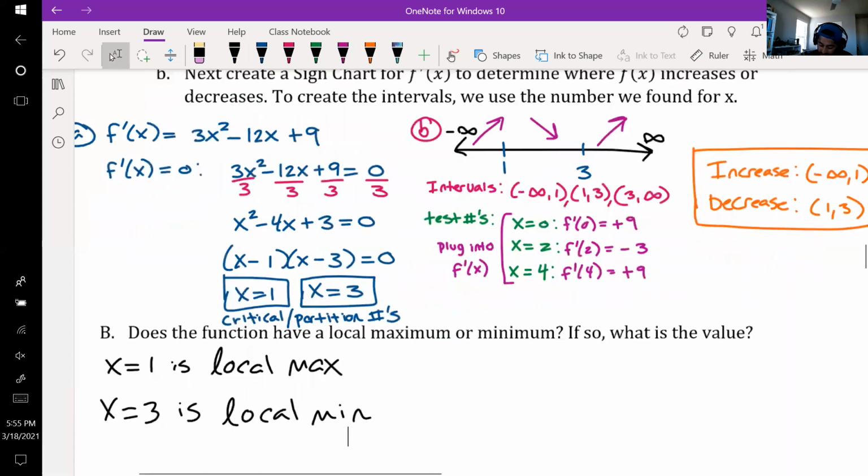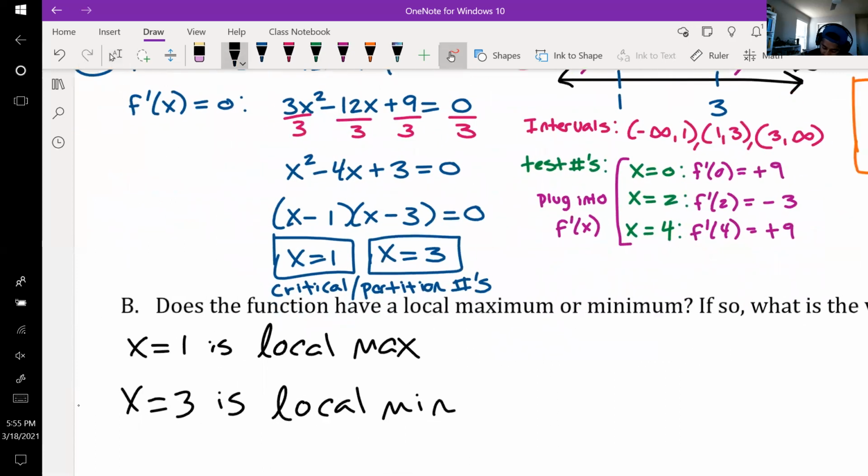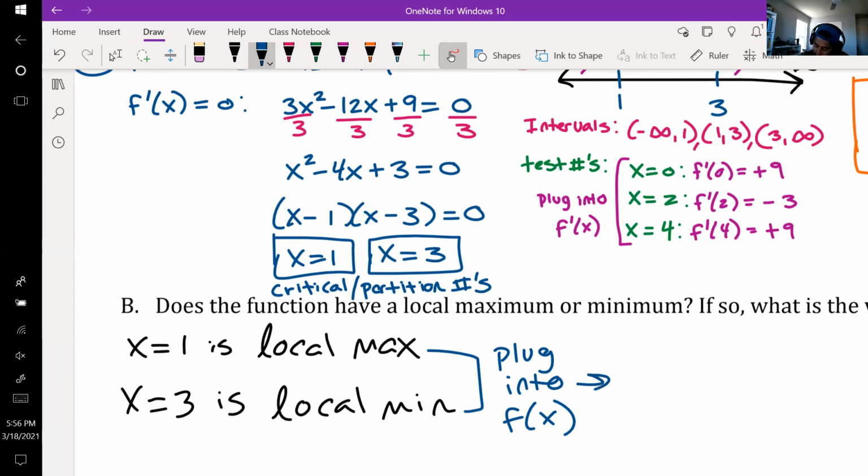So for these, we will plug into f of x, the original function. Which means that we're going to have f of 1 and f of 3.